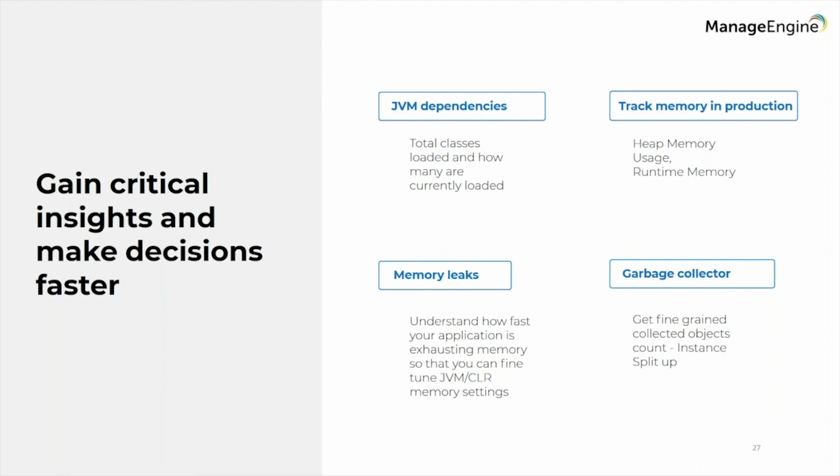So use Applications Manager for tracking your Java applications to see all the high-level information of your Java application, such as garbage collection, memory leaks, JVM dependencies, and tracking memory in production, such as the heap and non-heap memory, which is important in terms of managing your applications.